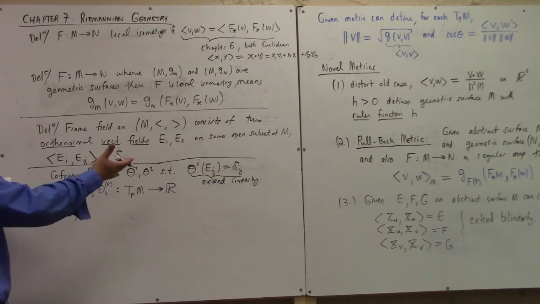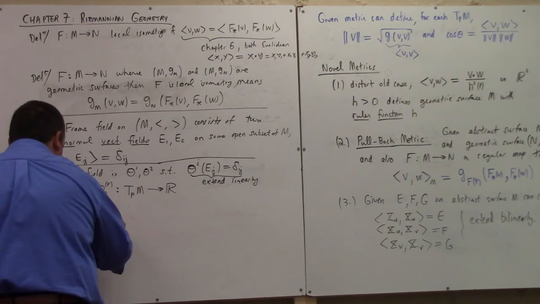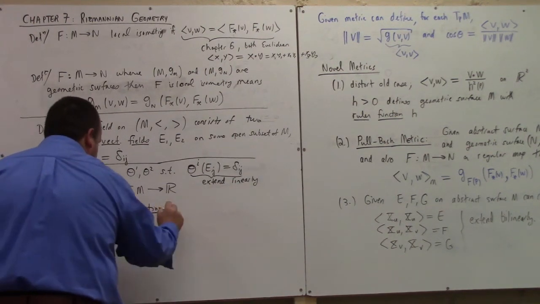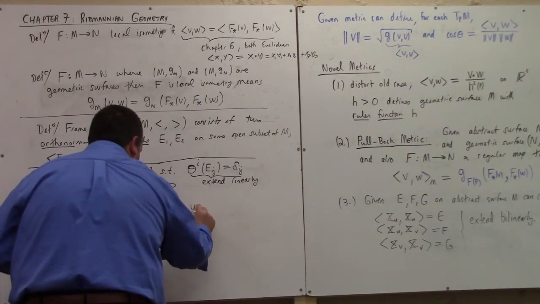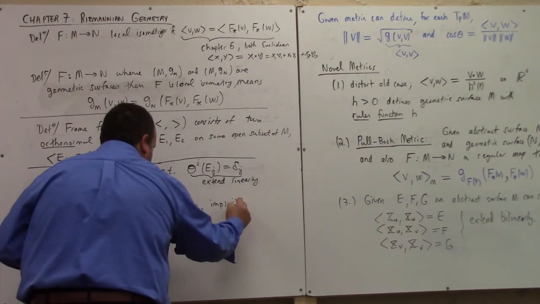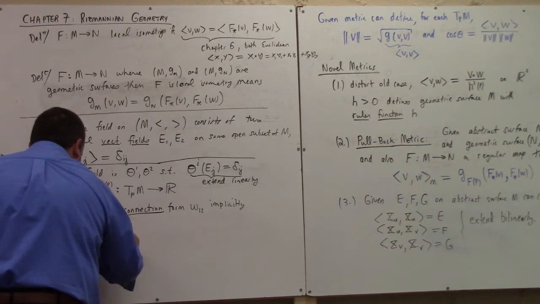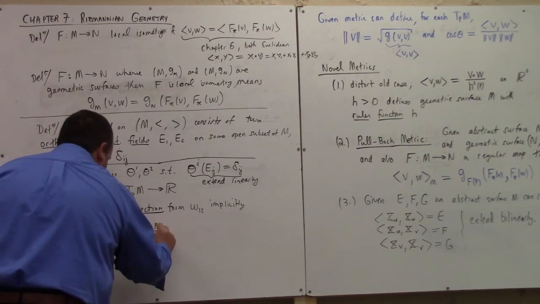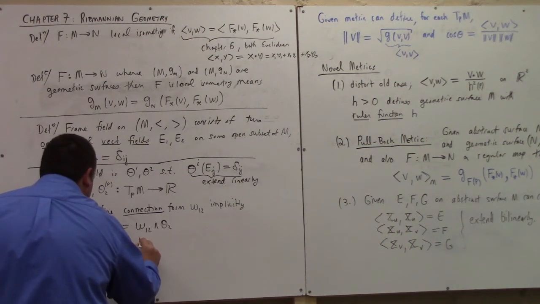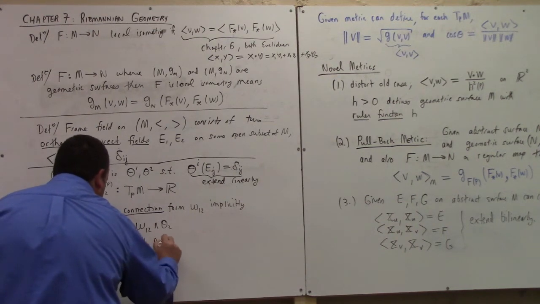For this frame and coframe, define the connection form omega 1, 2 implicitly via d theta 1 is omega 1, 2 wedge theta 2, and d theta 2 is omega 2, 1 wedge theta 1.